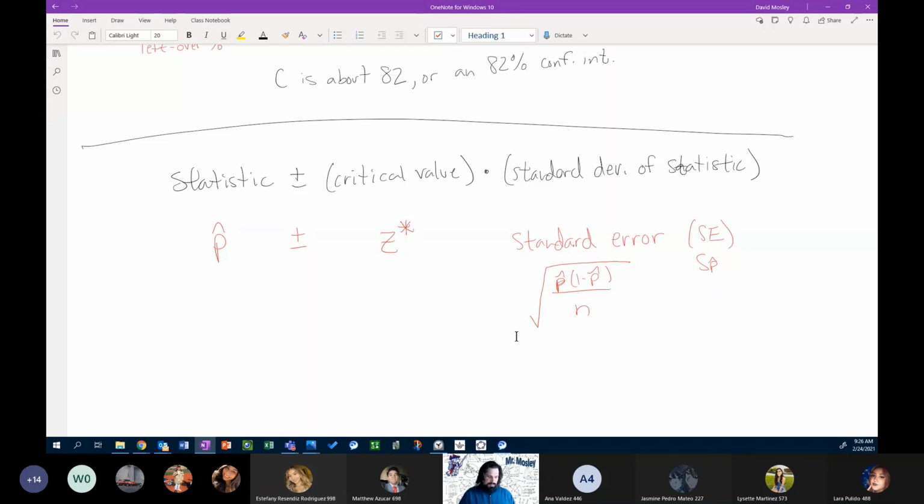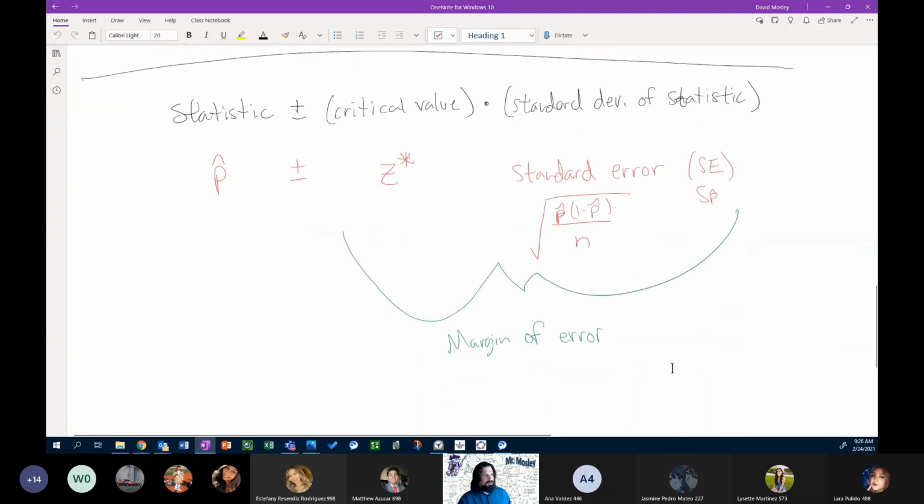So in the example, we have the margin of error, right? The margin of error is that part to the right of the plus or minus, that entire thing, z star times standard error.